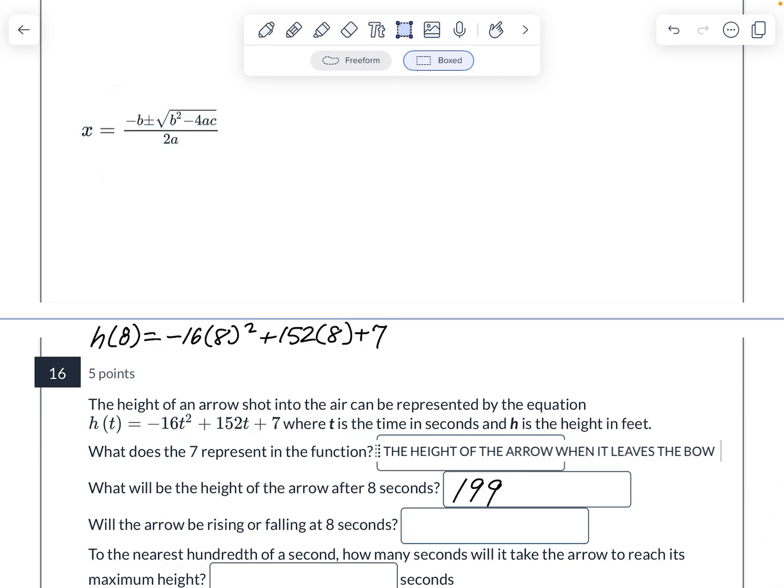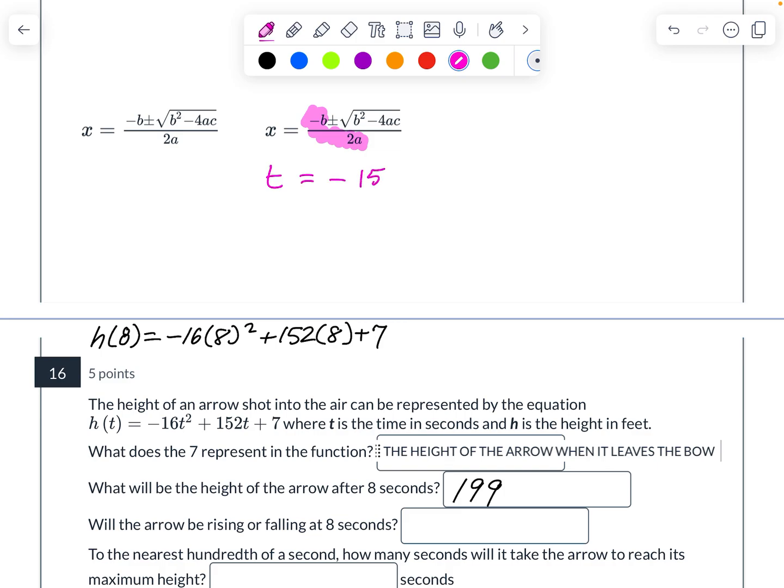To answer this question, I'm going to use this portion right here. I am going to say T will equal the opposite of 152 divided by 2 times negative 16.